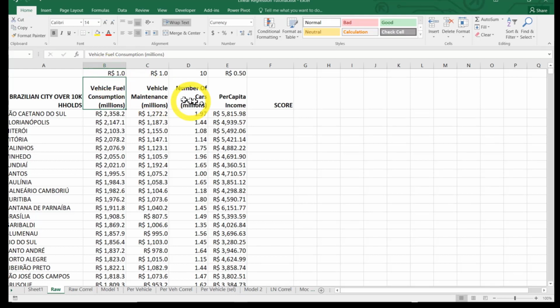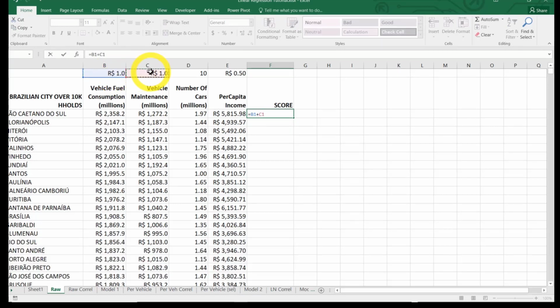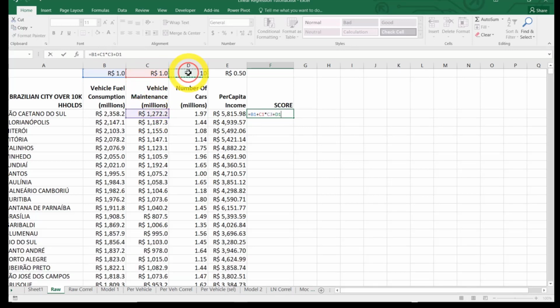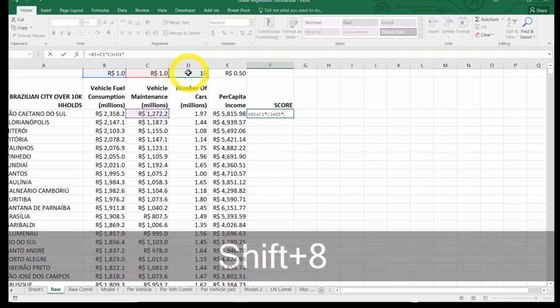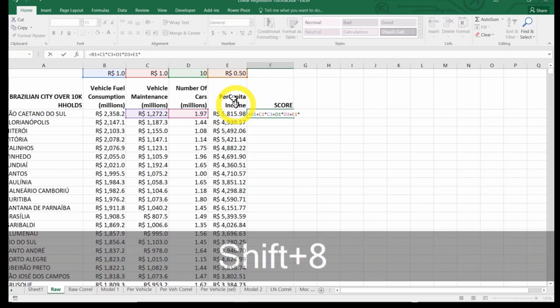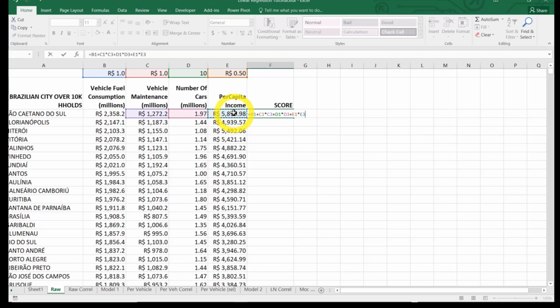So what is going to be our score? If we knew those weights, we could compute the score by taking the intercept, so that's the placeholder, plus the coefficient for vehicle maintenance times the value for the first city, plus the coefficient for number of cars times the number of cars in that city, plus the coefficient for per capita income times the per capita income in that city.